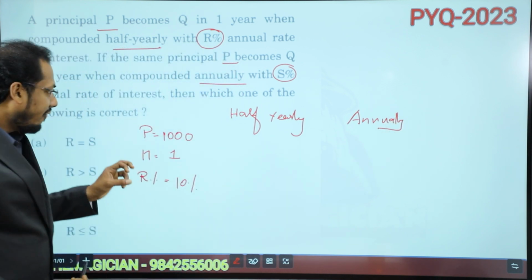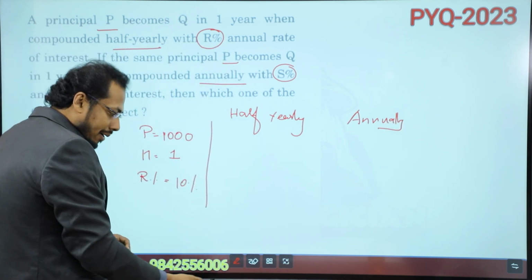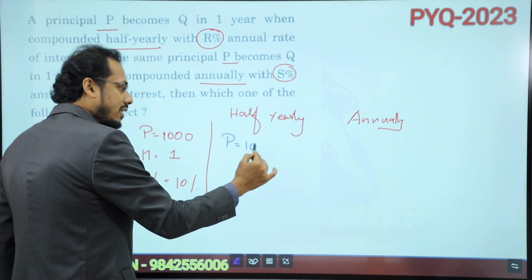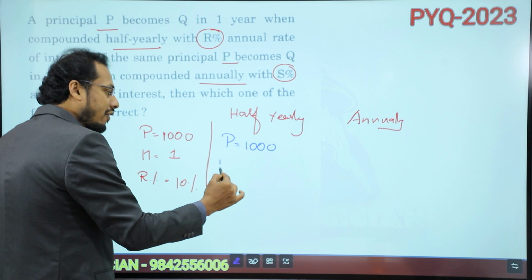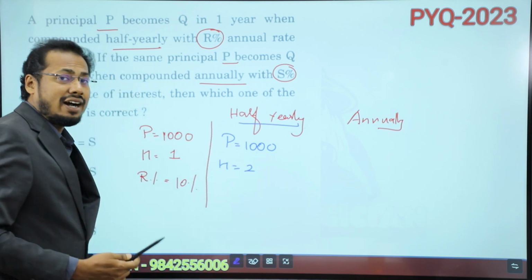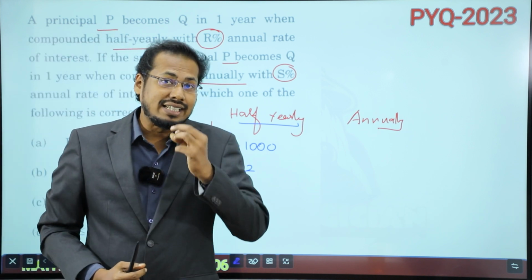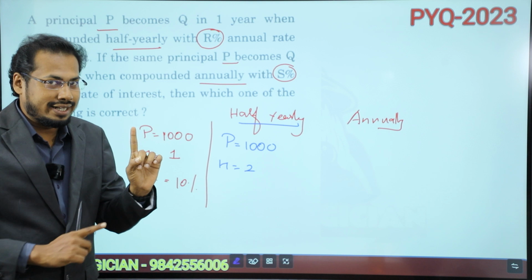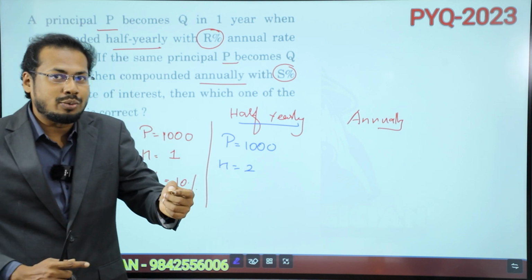Half yearly means the principal amount will never change, the same principal amount 1000. But the number of periods is 2, because this is compounded half yearly. Total time is 1 year, but every 6 months once I need to pay.